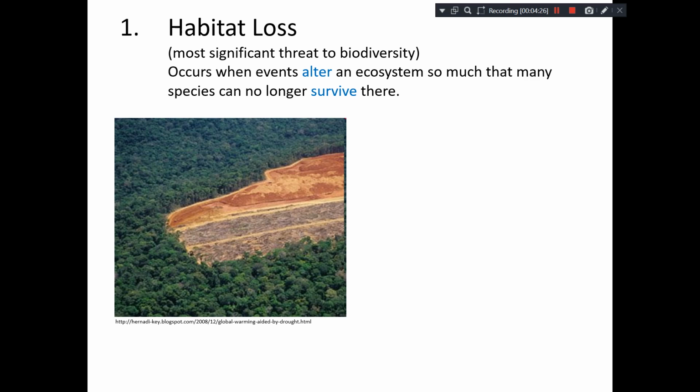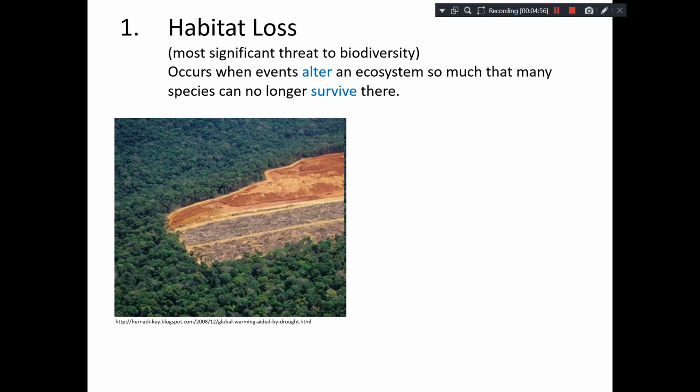To give one more example, suppose the water body in which a particular fish is surviving gets polluted, or the water dries up because of so many other factors, naturally that will affect the animals or plants which are living there.